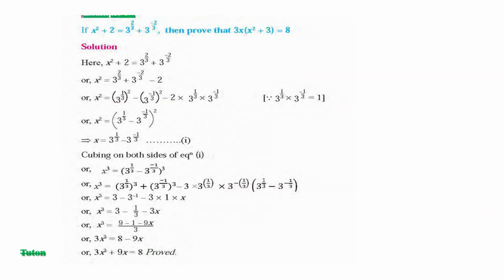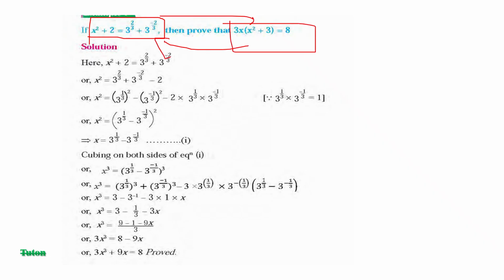This problem is quite different from the others, as it has given us an equation like this one, and we have derived this equation from the given equation. The equation that we derived can also be written as 3x cubed plus 9 is equal to 8.